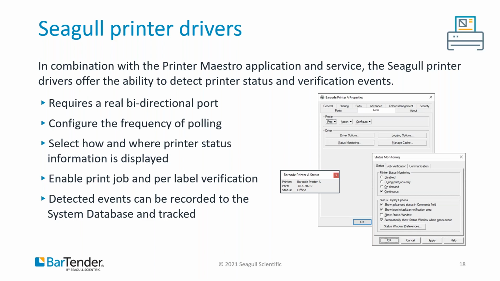You can configure the frequency of the polling, and we use a polling function for capturing that printer data. So we will query the printer every X amount of time to ask if there are any status messages or any print job verification messages that it wishes to pass to us. So it's an active communication method in that sense.